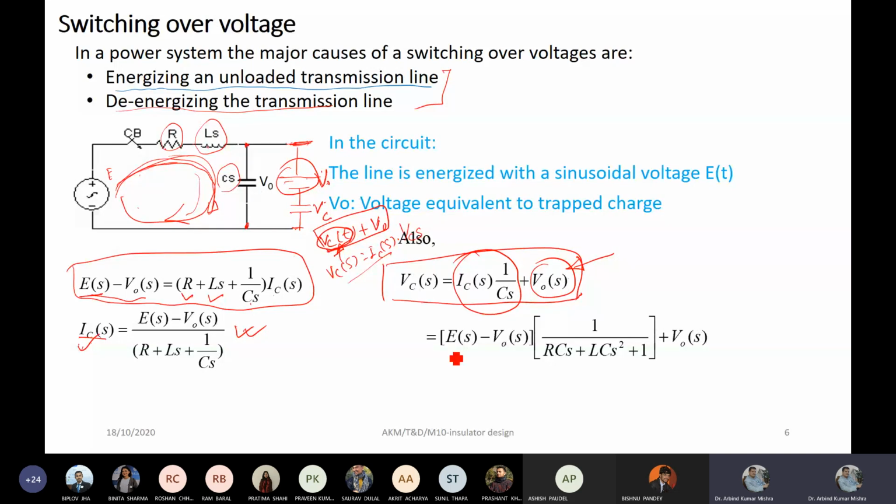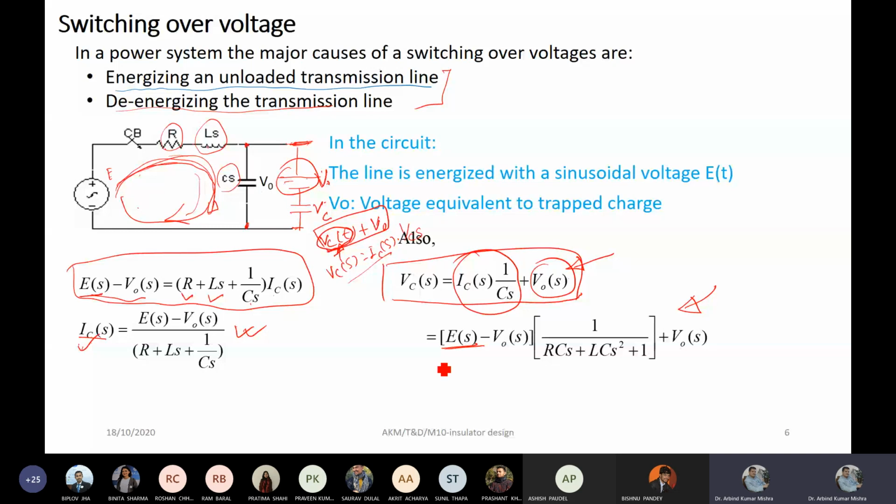As you can see, this E is a sinusoidal wave, and complex mathematics will be required to solve this equation. But I have chosen, and you will do it, or you might have done it in the high voltage course, to visualize this in MATLAB.